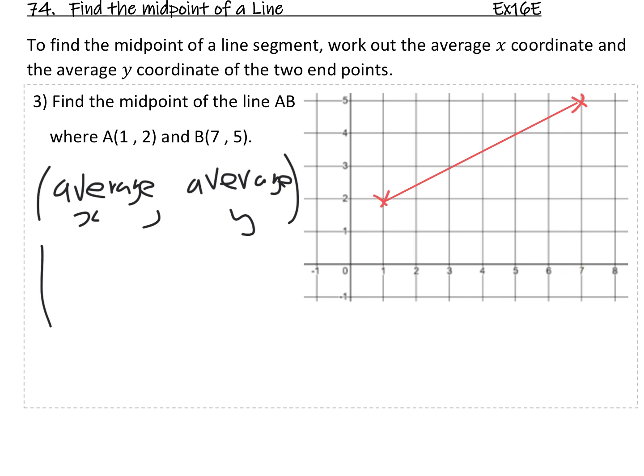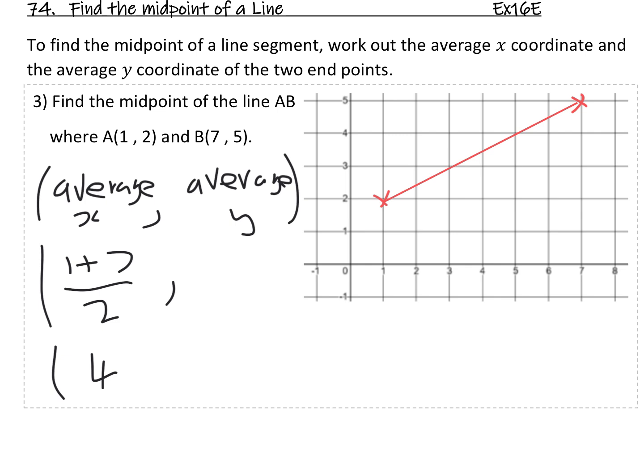The other point is 7 away. On average, how far away is it? You add the 1 and the 7, and you half it. 1 plus 7 is 8, and 8 divided by 2 is 4. Hopefully you can see that 4 is the middle of 1 and 7. I'll show you it more clearly in a second after we do the y.